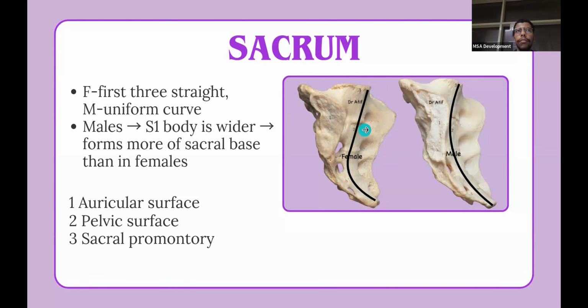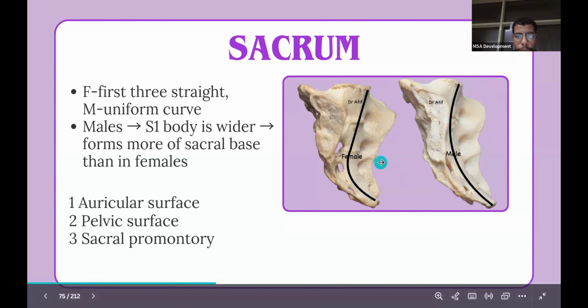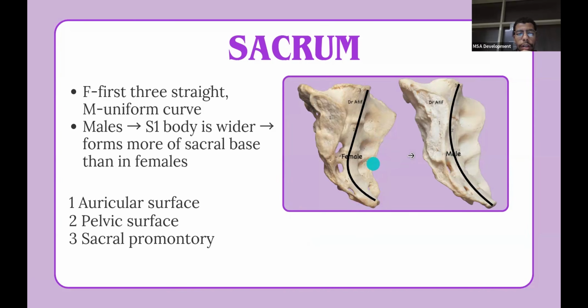This is to facilitate childbirth so that it doesn't obstruct the child's head when it's coming out. However, the male's sacrum is more uniformly curved. It's a full curve from the start till the end. So that is it for the differences between males and females.